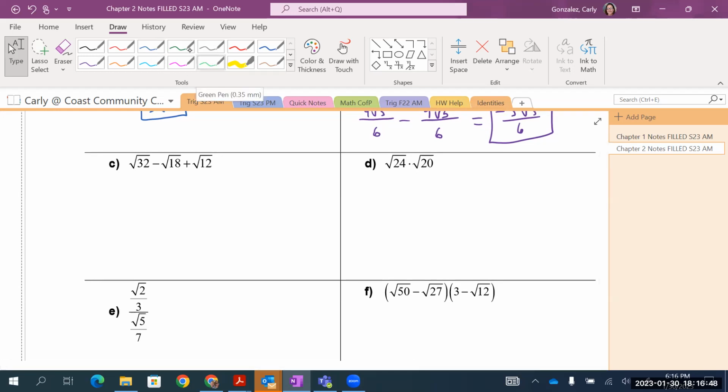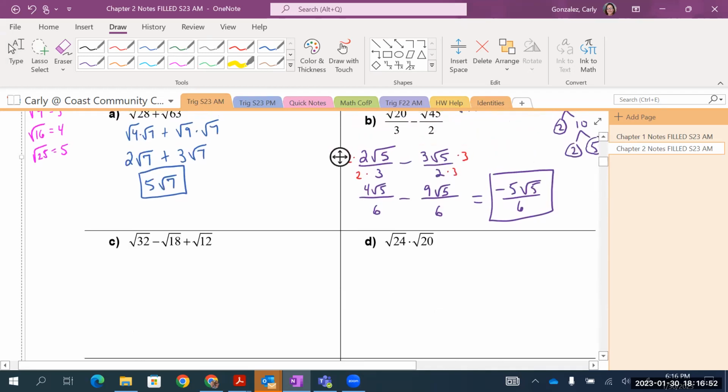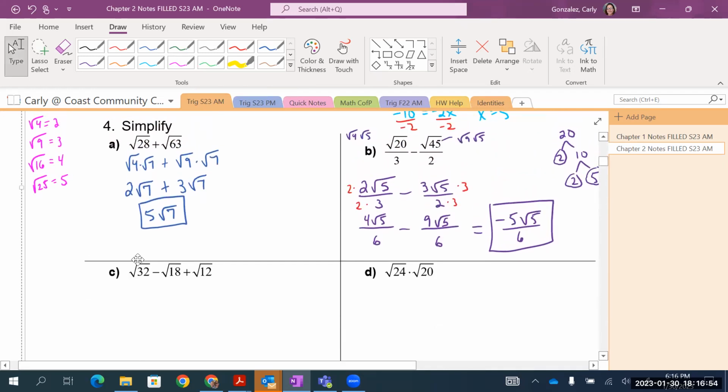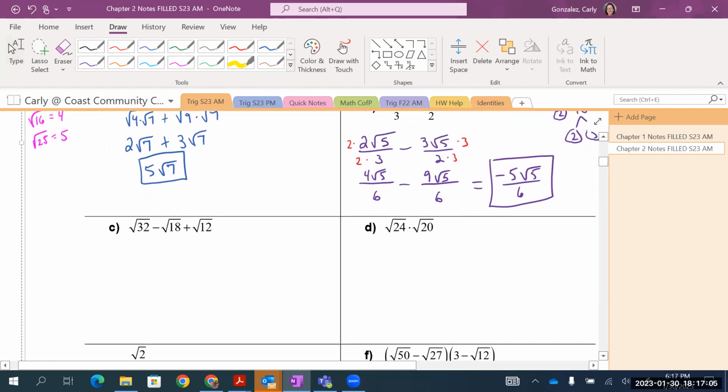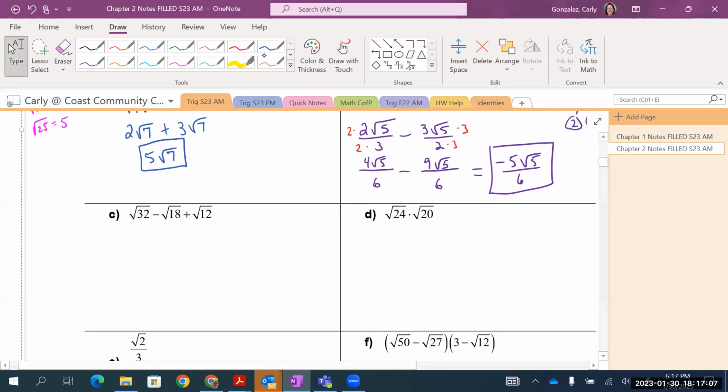So one option is if we happen to notice, if we look at our perfect squares, does 4 go into 32? It does. But if we happen to notice that something even bigger, a bigger perfect square goes in, then we could do it that way. But let's first just go ahead and I'll show it to you if we just did rad 4 times rad 8.